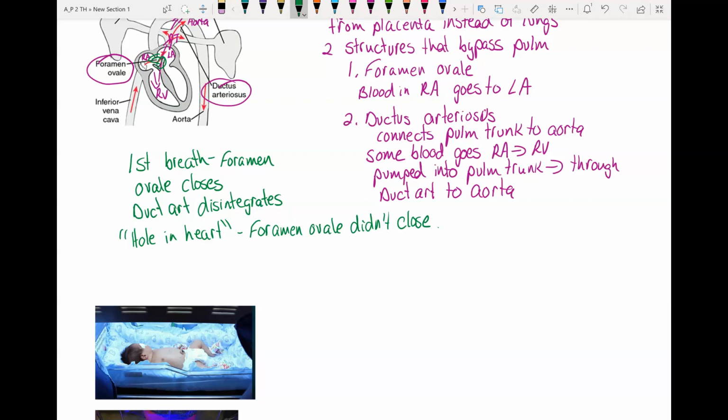So then they monitor it. It will usually close on its own within a few weeks. If it doesn't close on its own in a few weeks, then they can do surgery to close it. But in most cases, they just monitor it and it does eventually close up.